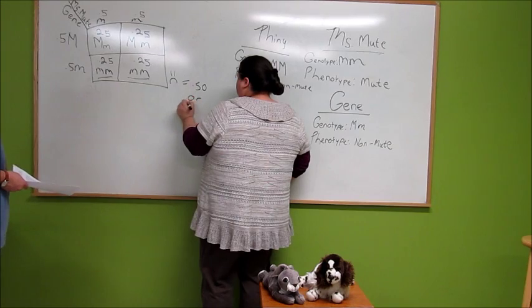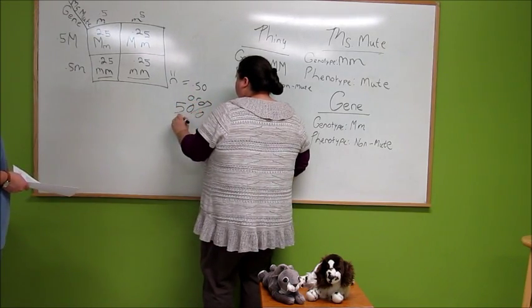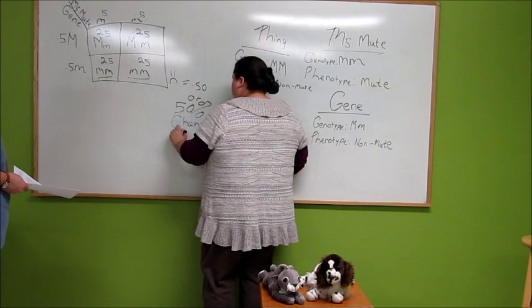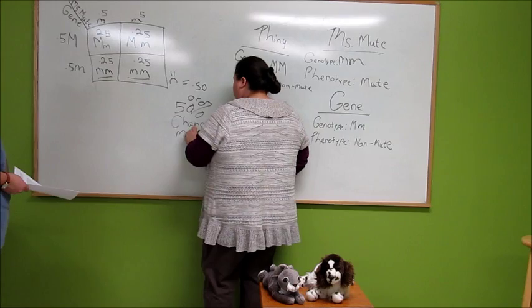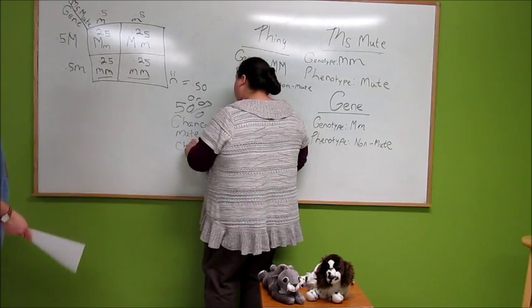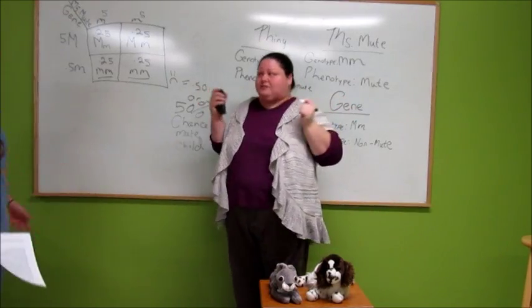So you have a 50% chance of having a mute child with Jean. I know, that's a really bad probability.